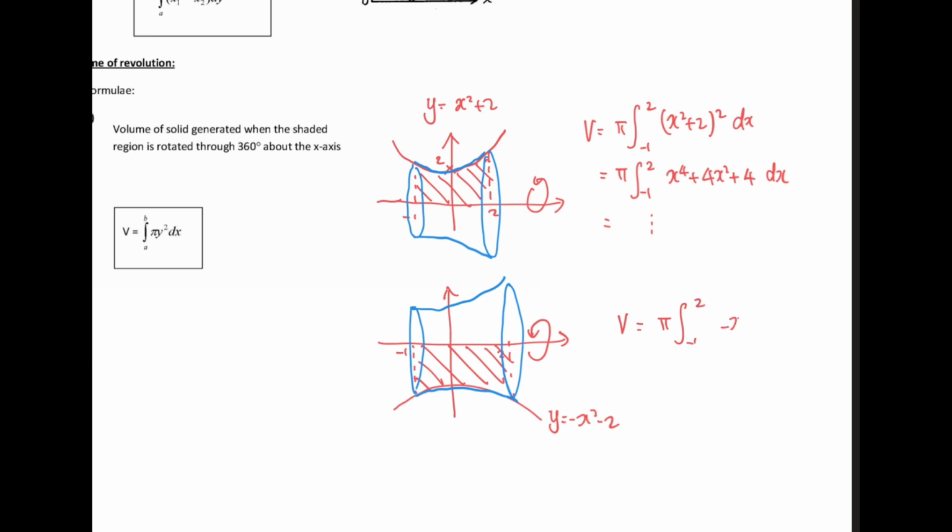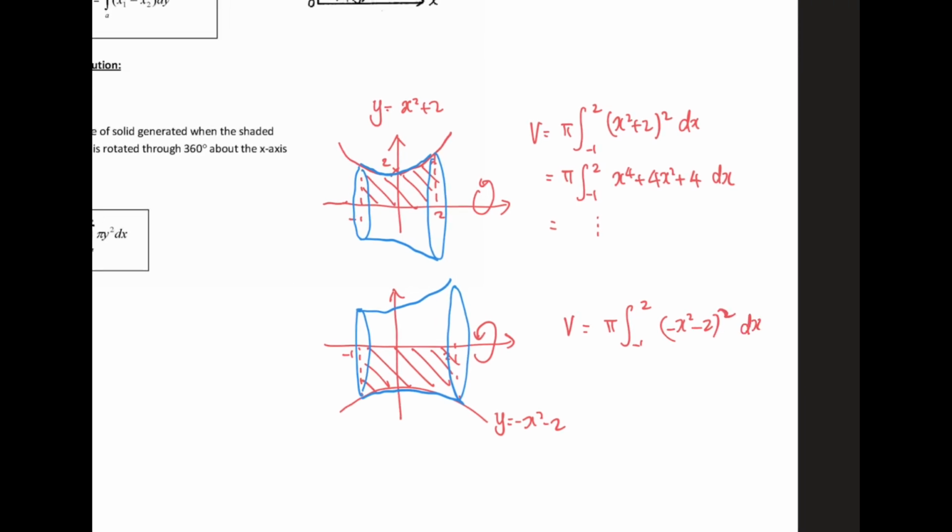So for the volume, you have to square it, put the limits and multiply with pi, and after that just go through the same process: expand it, then integrate, and then you get the volume. So it will be a positive answer. No need to modulus. Although the shaded region is originally at the bottom, it is still a positive value.